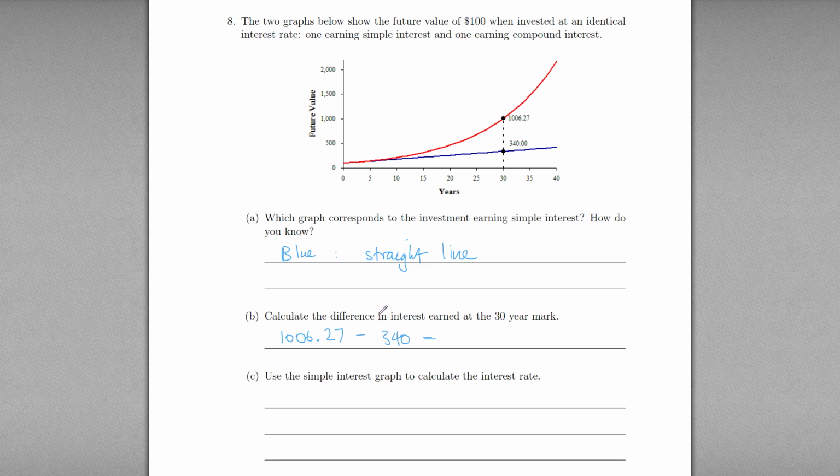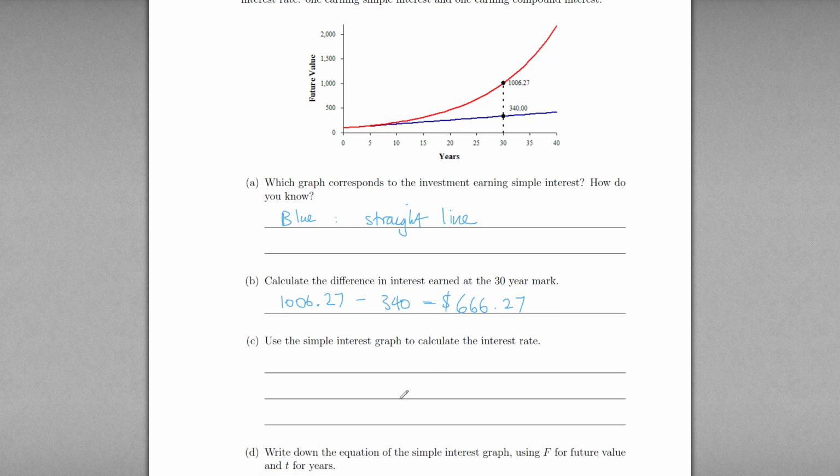Okay, so it's a little subtlety there. I might have misspoken just then. These are really final values. They're not the interest, but the difference will still give me the difference in interest because I started with the same amount in both of them. So 1006.27 take away 340, I get 666.27. Alright, that's my difference in interest.